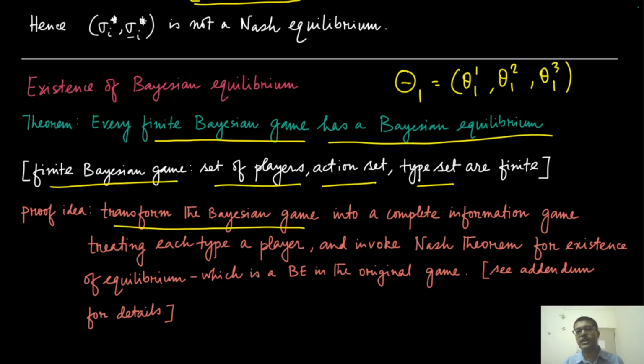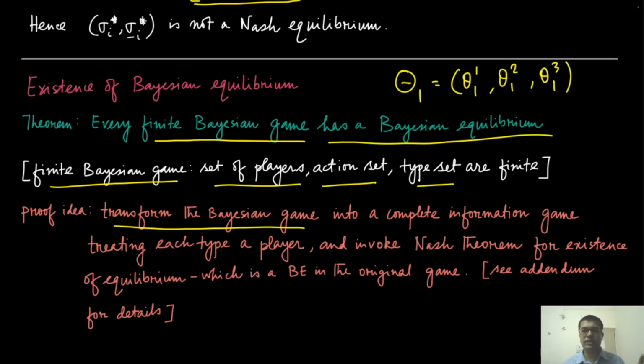Now we can create a larger set of players where each of these types is one player, and you can define the utilities appropriately. Whatever we were defining as utility at a particular type of a player and a particular action, we can now imagine that that type itself is a player, and therefore the action is the action that has been chosen by that player. And therefore we are in a complete information setting now.